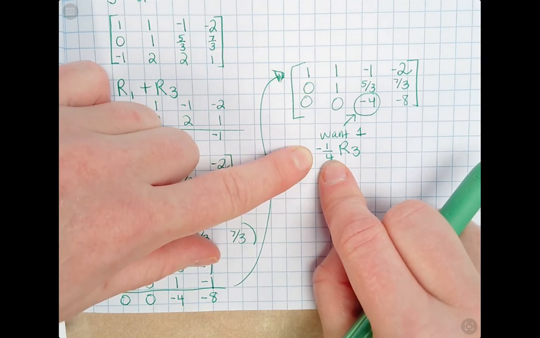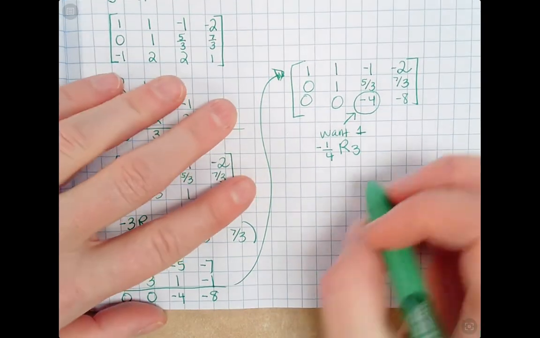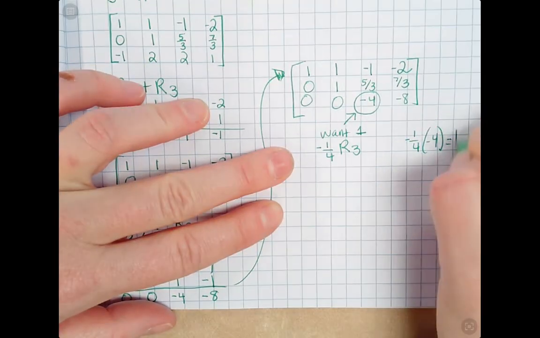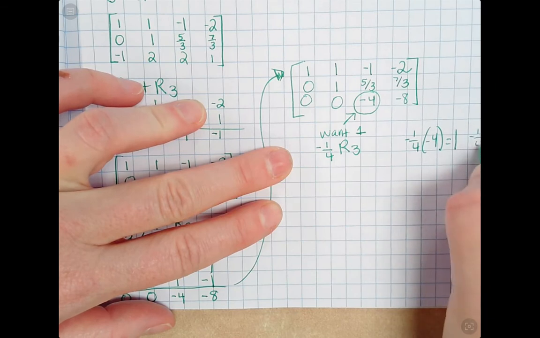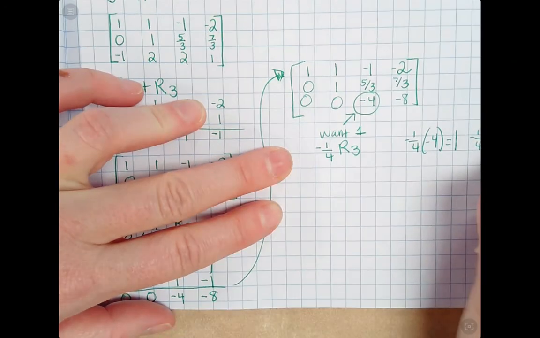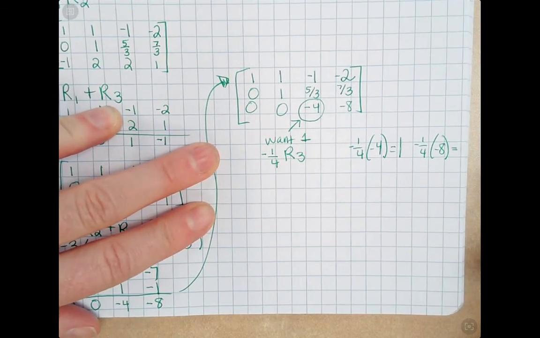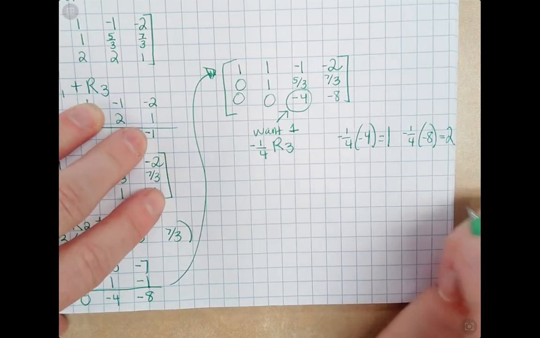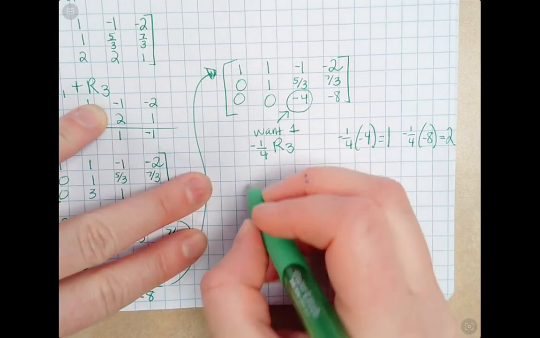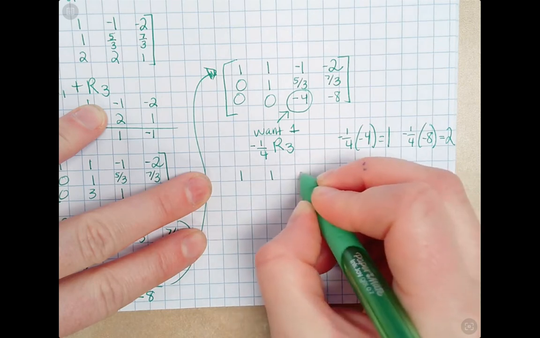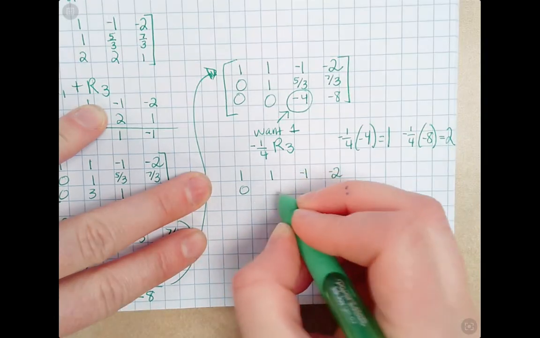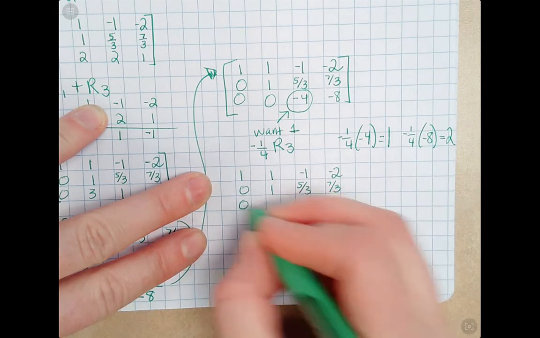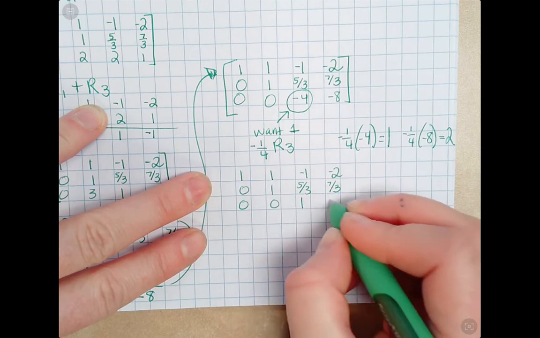It equals positive 1. So -1/4 times a -4 equals positive 1. And then -1/4 times a -8 equals 2. Okay, so this is 1, 1, -1, -2, 0, 1, 5/3, 7/3, 0, 0, and now it's a 1, 2.